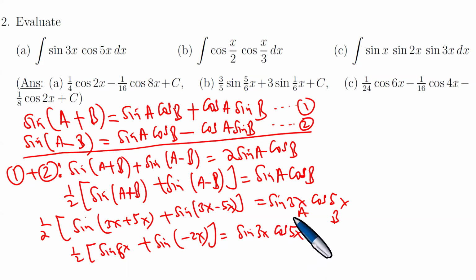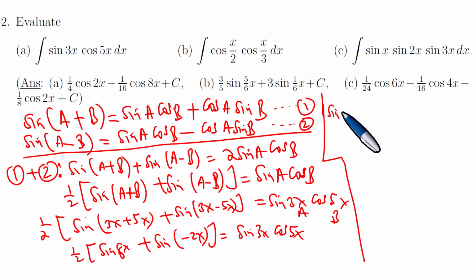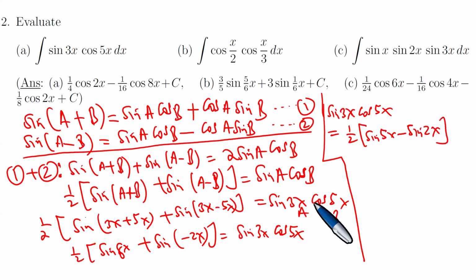So the sine of 3x cosine 5x is the sine of 8x plus the sine of minus 2x.